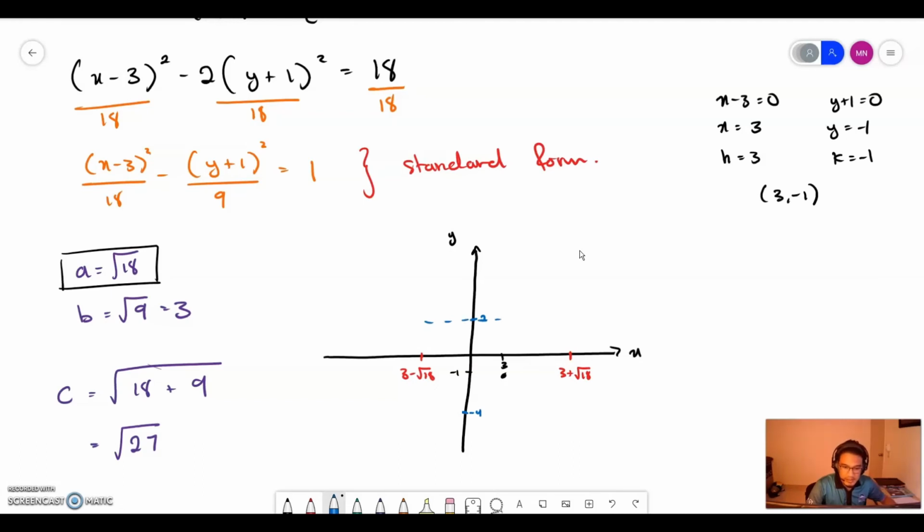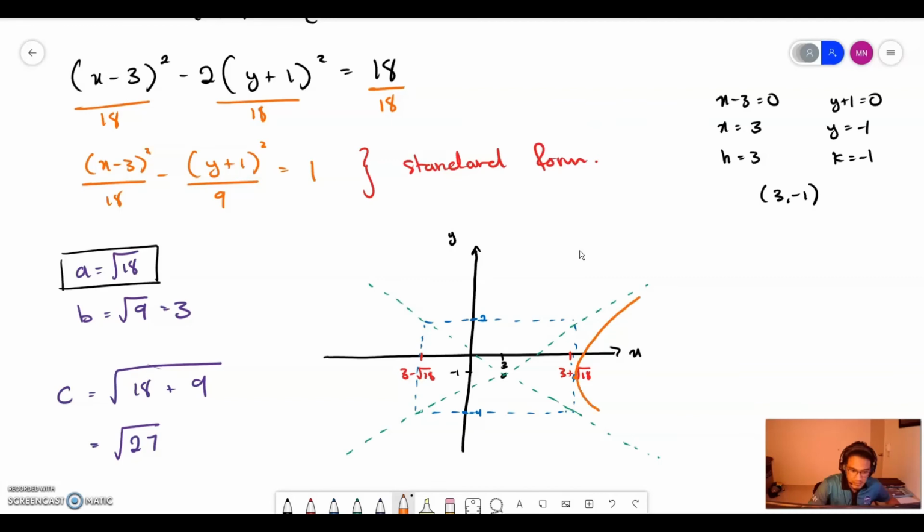So this is the rectangle in the middle of the hyperbola. From that we sketch the asymptote, the positive gradient, and here is the negative gradient. And now our hyperbola will be in the position like this, and also on the left side.